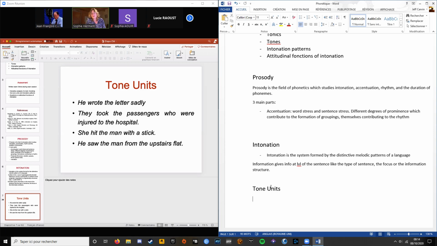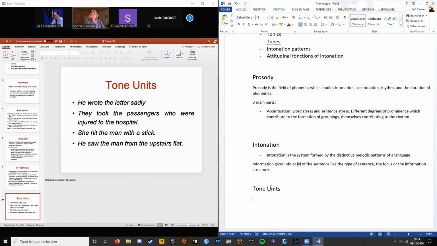So a tone unit is a global intonation contour, and usually you divide a long sentence into several tone units. You do the same in French, in all languages. It's kind of physiological because you simply can't say a very long sentence in one tone unit, because at one moment you have to take breath.